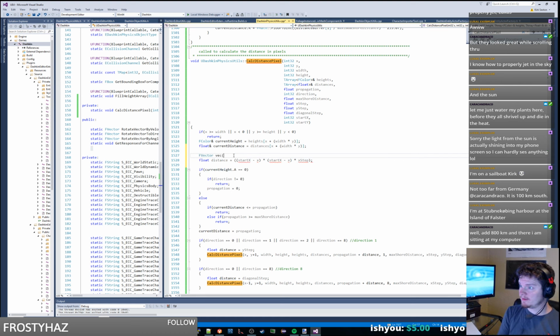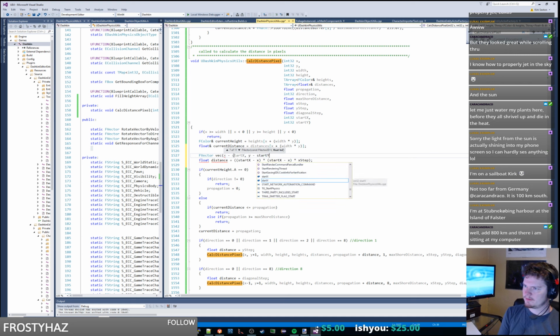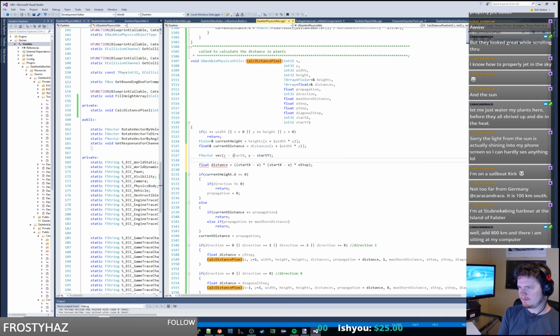Alright, so our vector is going to be our x minus start x, and then y minus start y. And then our distance is going to be multiplied by x step.